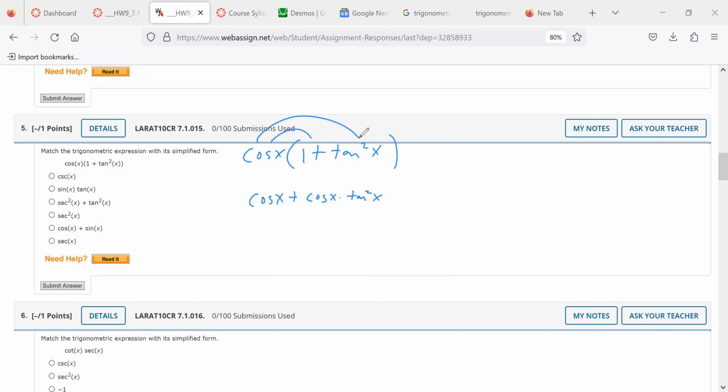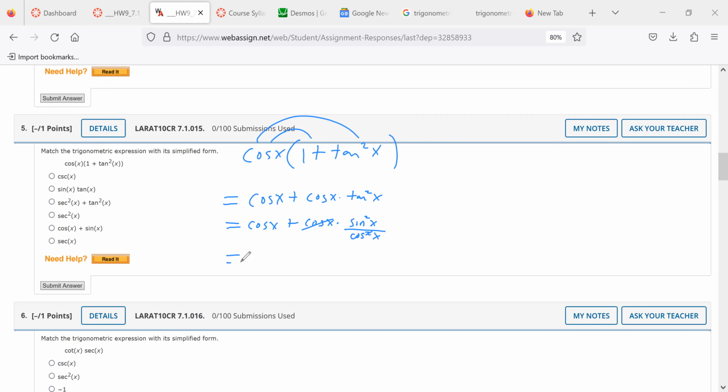Look at the identity page, because you have to be able to see that on your own. Is it sine theta over cosine theta? Yeah. So right here I have sine squared x over cosine squared x. So do you see that this will cancel one of them? Yes.